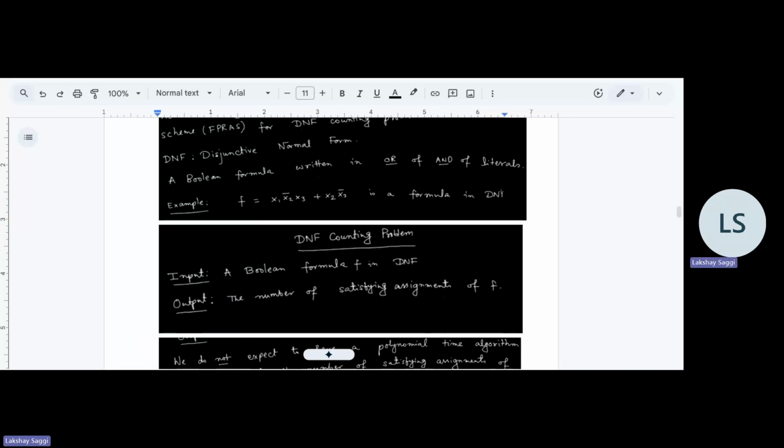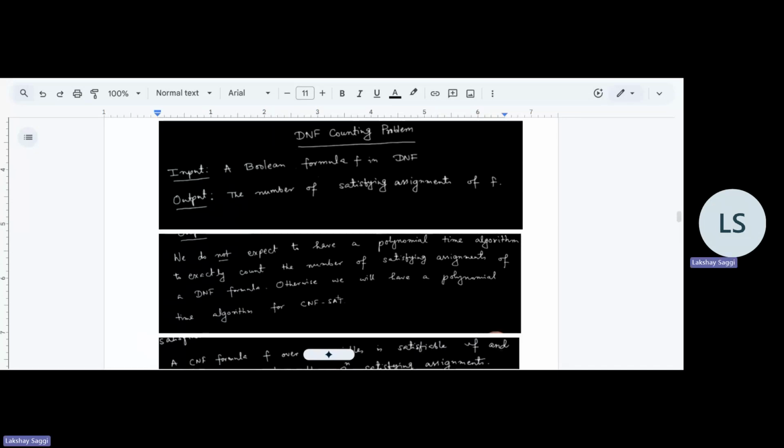One thing to note, which will come up later, is that evaluating this number exactly is actually NP-hard. If you are familiar with what NP-hard is, it's good, but it will come up in future sessions as well. On a high level, we do not expect a polynomial time algorithm to exactly count the number of satisfying assignments of a DNF formula.